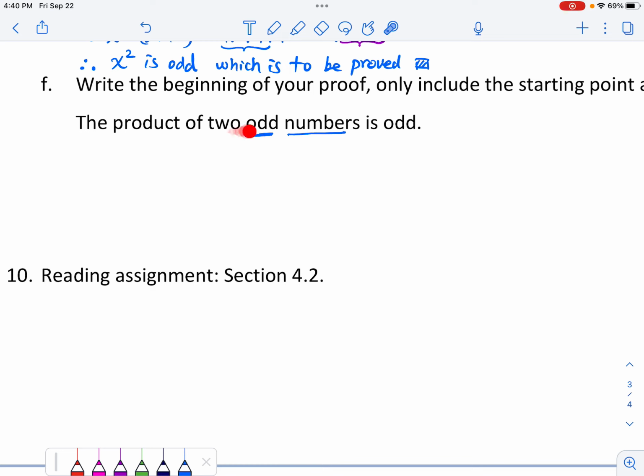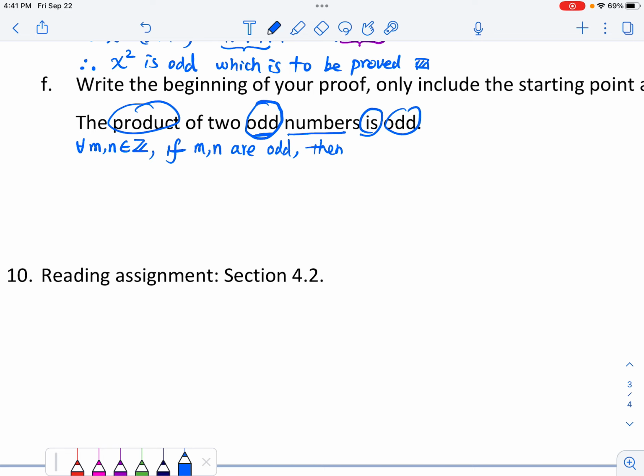We are talking about integers, otherwise it doesn't make sense to talk about odd or even. So for all integers m and n, if m and n are odd, then m times n is odd.